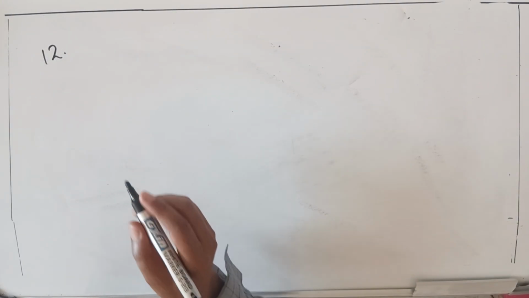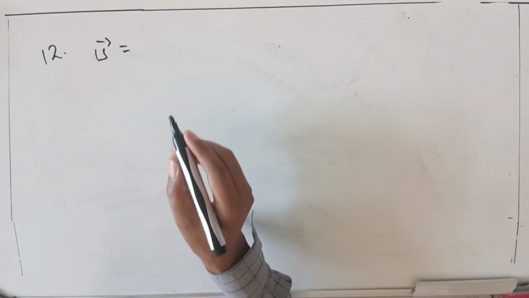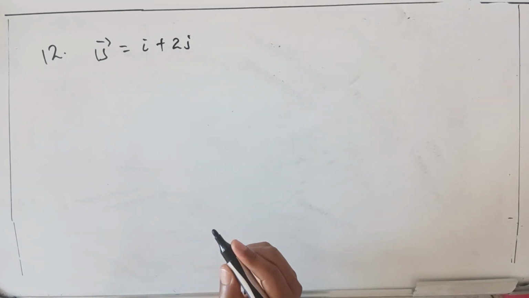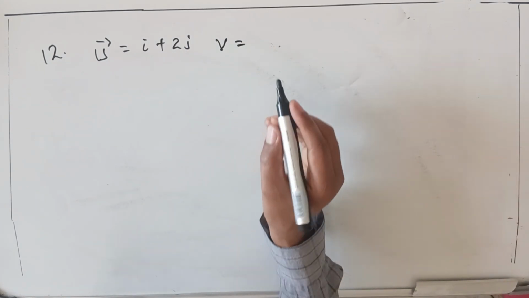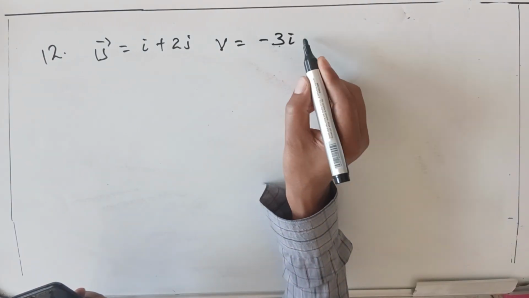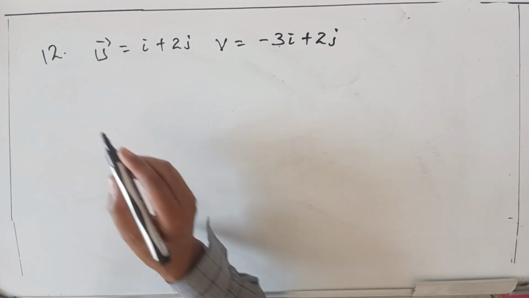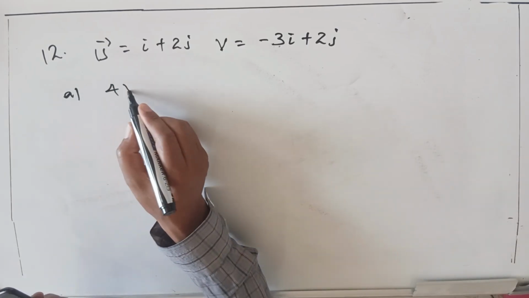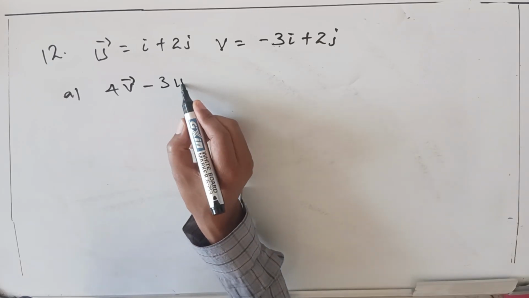ኦኬ question number 12. Let vector u is equal to i plus 2j and the vector v is equal to minus 3i plus 2j ከሆነ find 4v minus 3u.